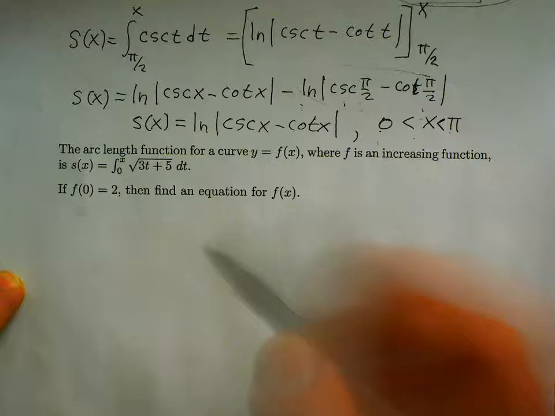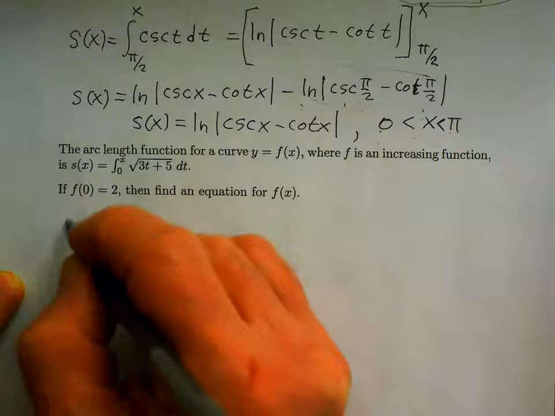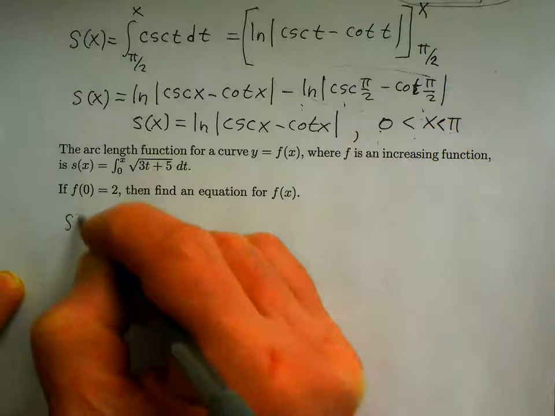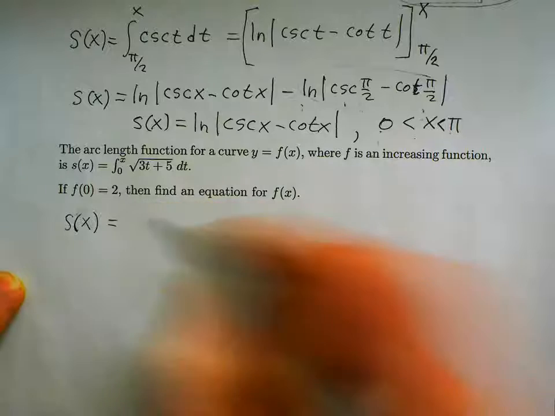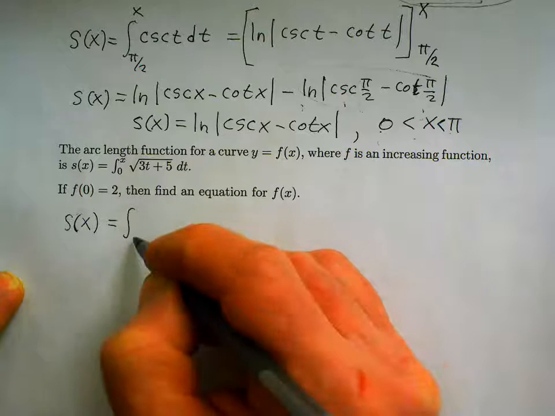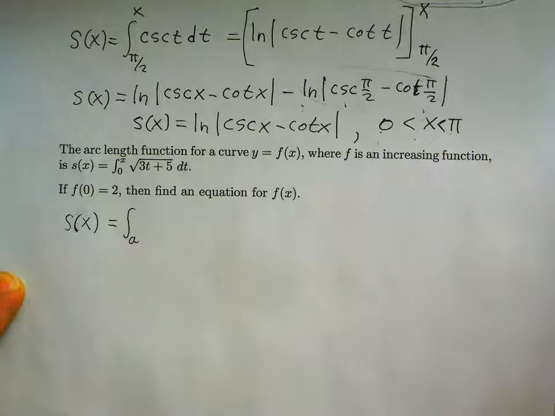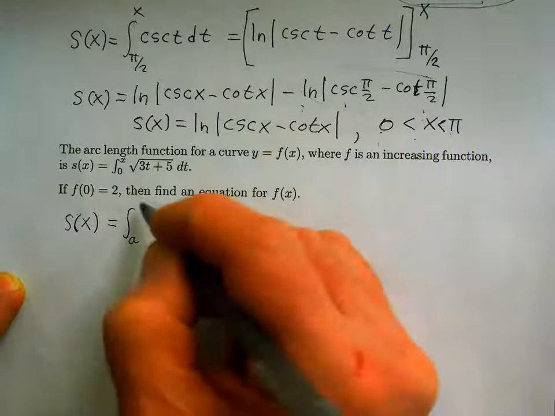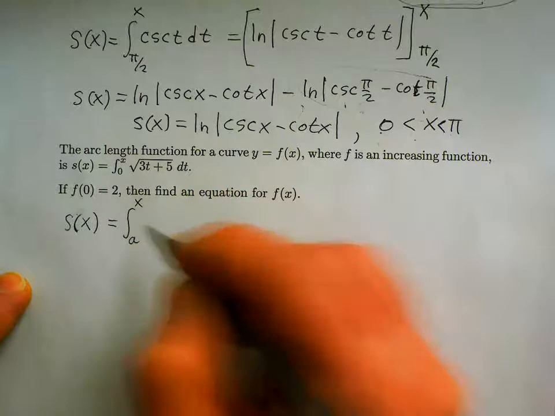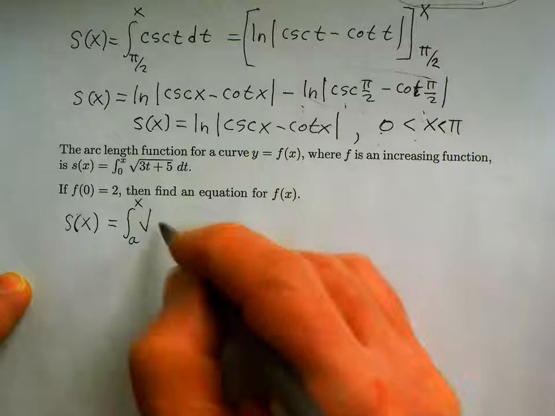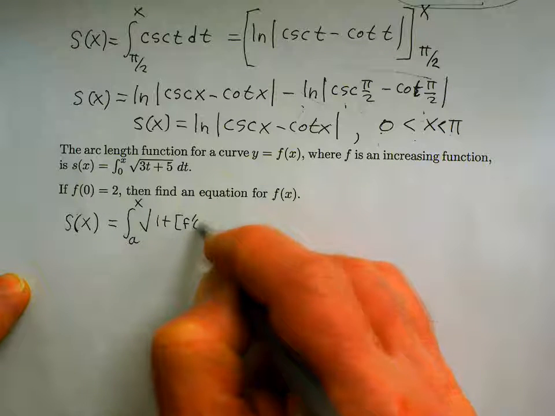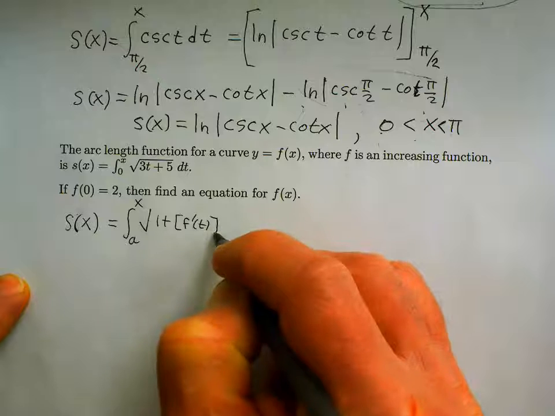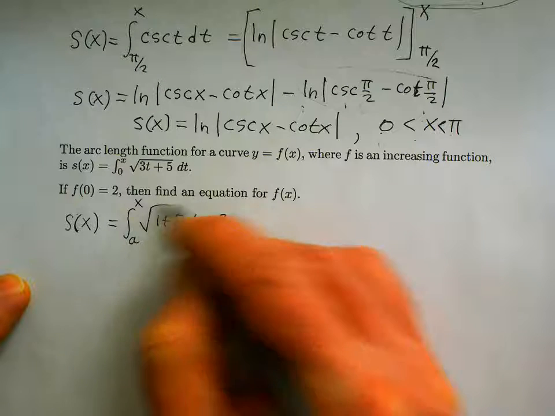Okay, so we know that the arc length function has the form s of x equals the definite integral from a to x of the square root of 1 plus f prime of t squared dt.